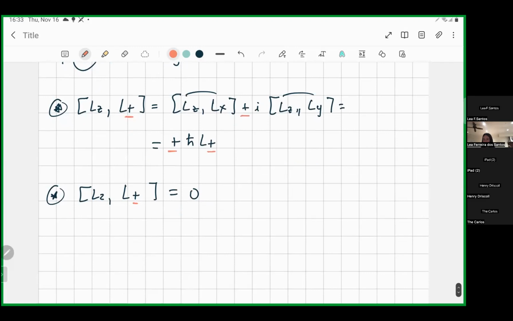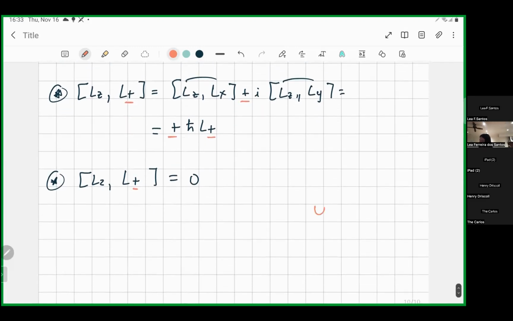Remember in the story of the harmonic oscillator, we said the following: if I have one solution, I know that A plus of it is going to be a solution, A plus of A plus is going to be a solution, and so on. Now it's the same story here.